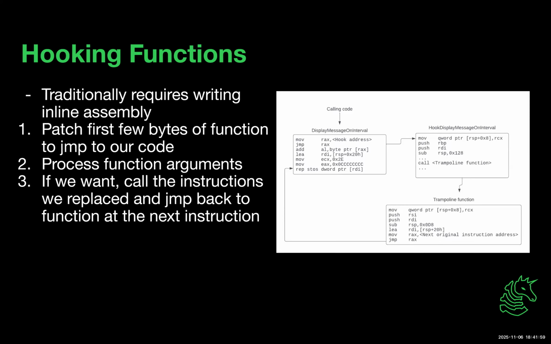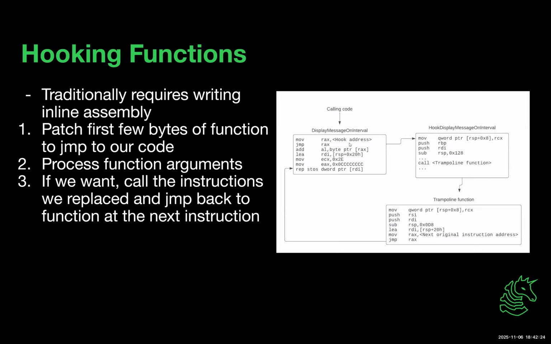So immediately when this function is called, we are jumping to an address that is our own code, like a function in the DLL memory with our code in it. And that allows us to do the techniques that I was explaining earlier. So inside our hook, we'll do our processing and whatnot.